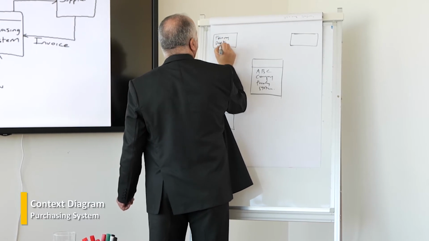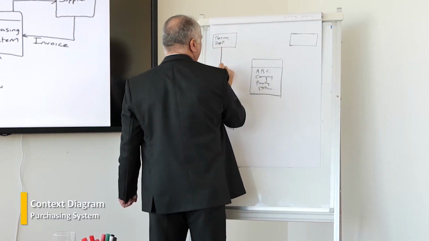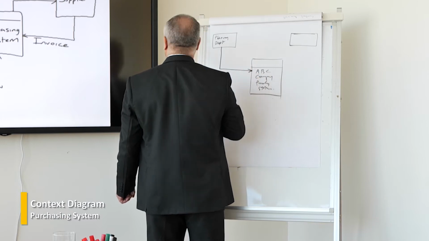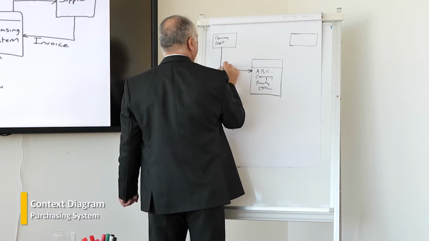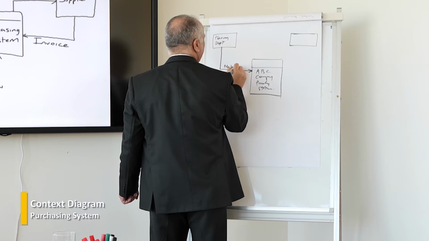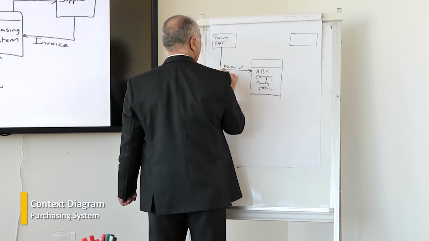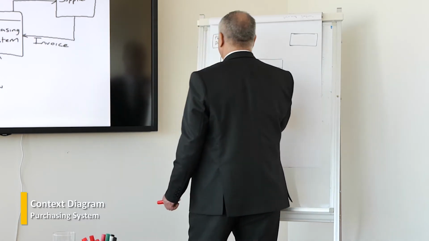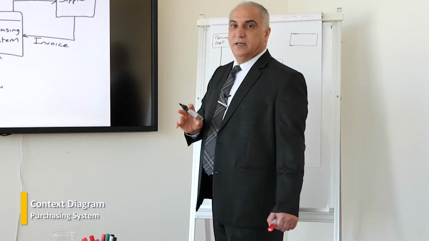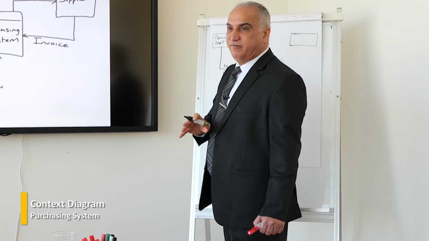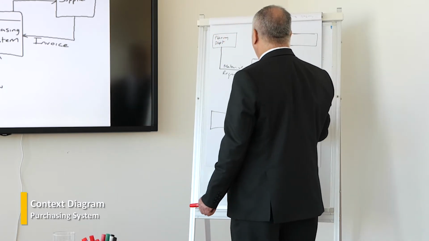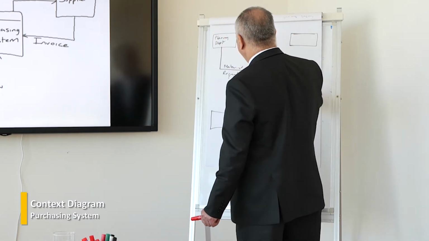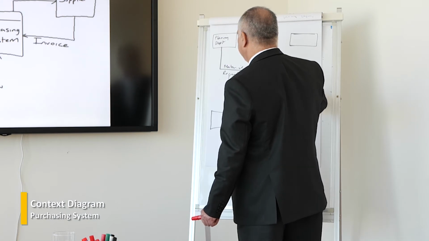What does this planning department want? They are requesting a material. So we call it material requirement. In this case, for example, they are requesting 100 packs of A4 paper. Now they are initiating a request through this system.